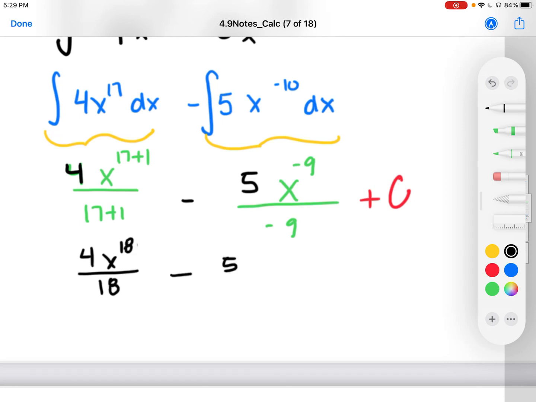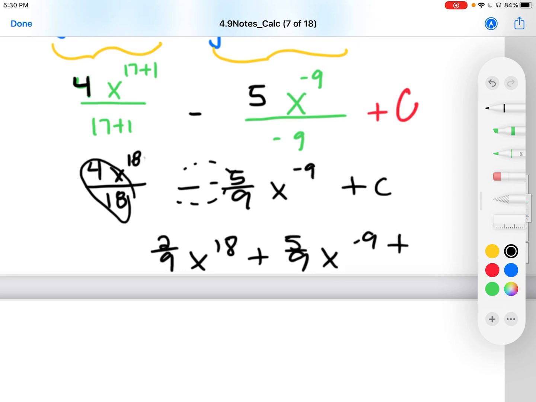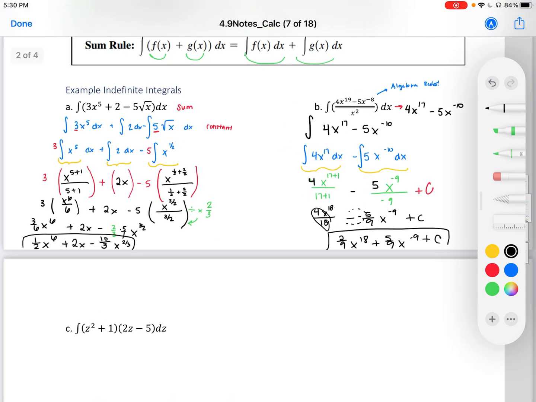Minus negative 5 over 9, x to the negative 9, plus c. Here we can work with that minus minus. And let's reduce this fraction so that we have 2 over 9 x to the 18 plus 5 over 9 x to the negative 9 plus c. And that is our antiderivative.